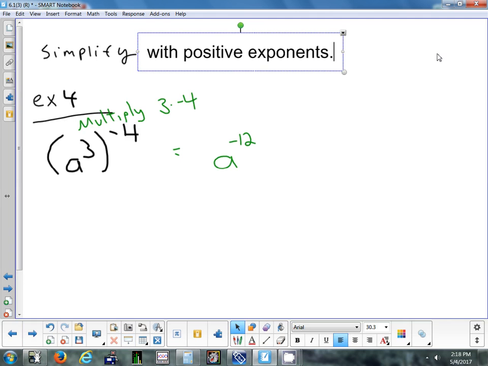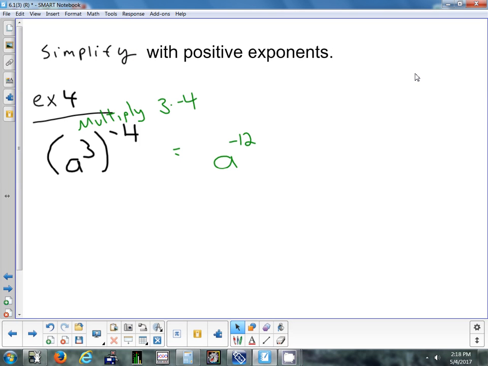If there's no parentheses, you'll just add the exponents if they have the same base. What's wrong with this? It's got a negative exponent. What can I do? Put it over 1, right? What needs to happen? Elise, what needs to happen?